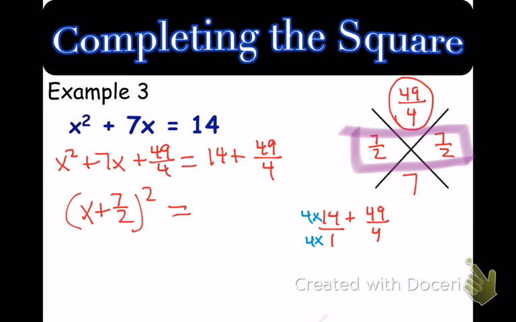And then we just multiply 14 times 4. That's going to be 56 over 4 plus 49 over 4. If we add these together, we're going to get 105 over 4. And that's the number I'm going to put over here, 105 over 4.